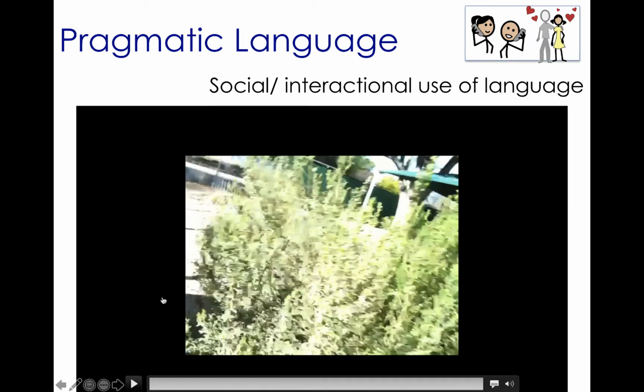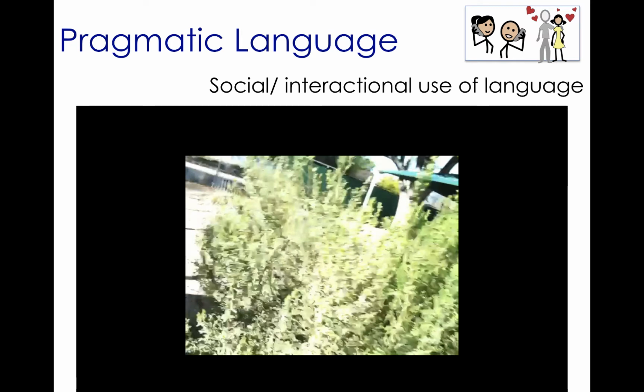Again, it's all about your body language and just engaging in socially appropriate behaviors and interactional use of language.